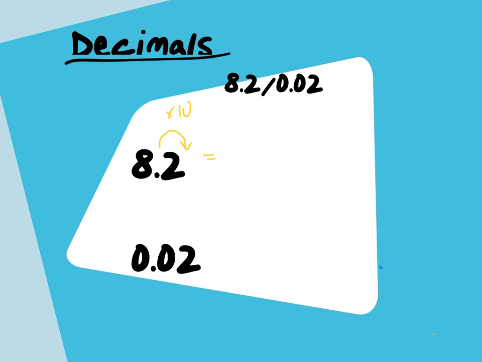So 8.2 goes to 82. So we've moved that over 1 decimal point. If we look at 0.02, we're moving over 2 spaces. So we've moved over twice.